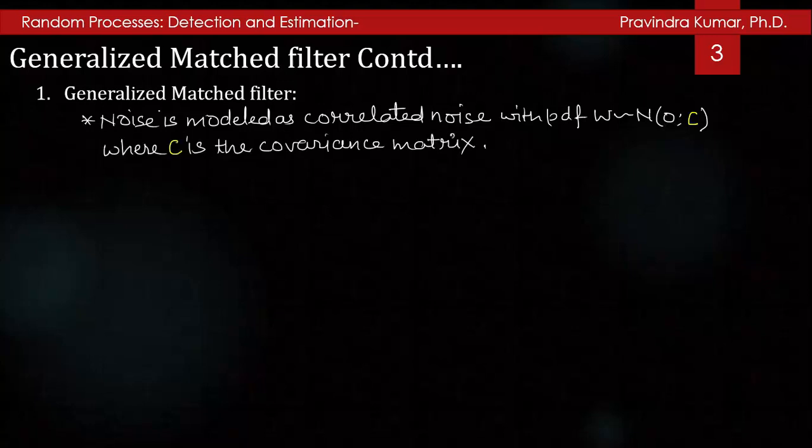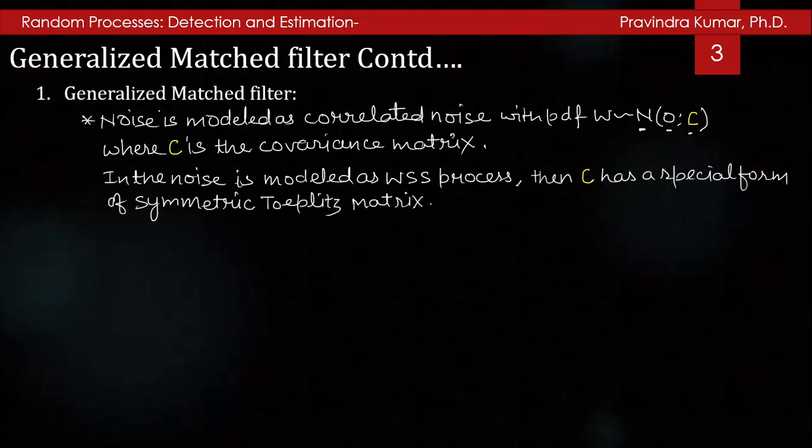The noise is assumed to have a normal PDF with zero mean vector and covariance matrix C. If the noise is modeled as a wide sense stationary process, then the covariance matrix C has the special form of a symmetric Toeplitz matrix.